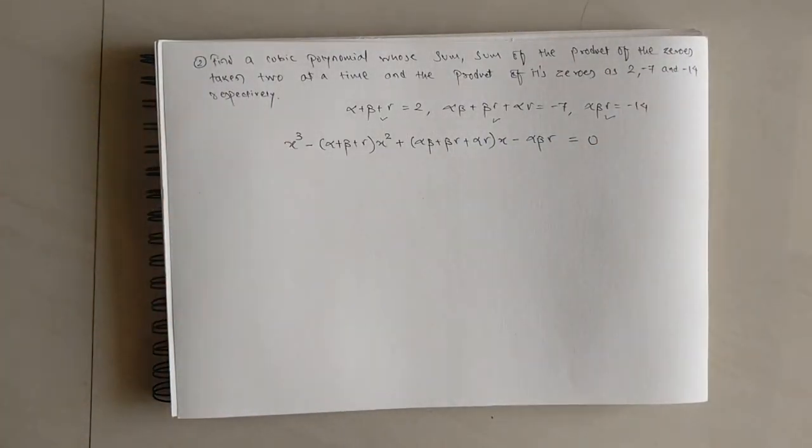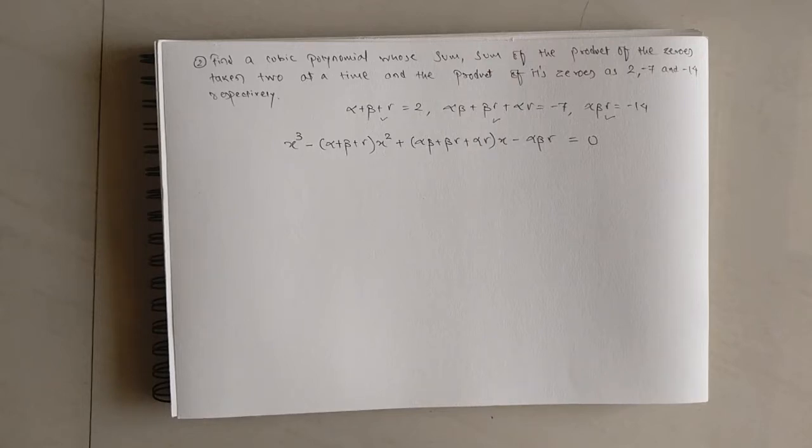This is the standard form of your cubic polynomial: x cube minus (alpha plus beta plus gamma) x square plus (alpha beta plus beta gamma plus gamma alpha) x minus alpha beta gamma.